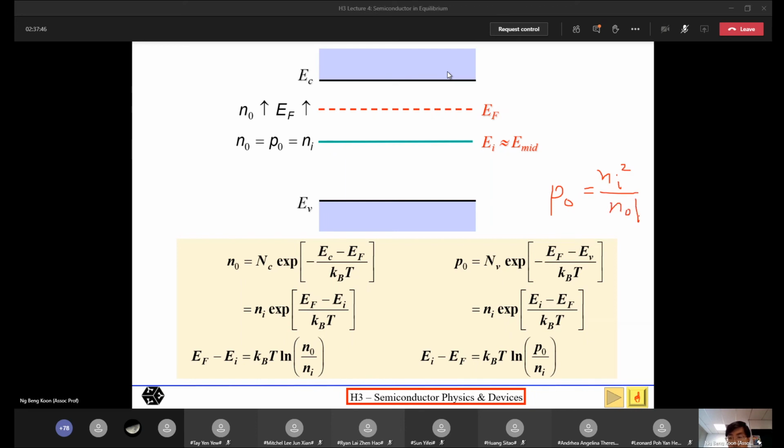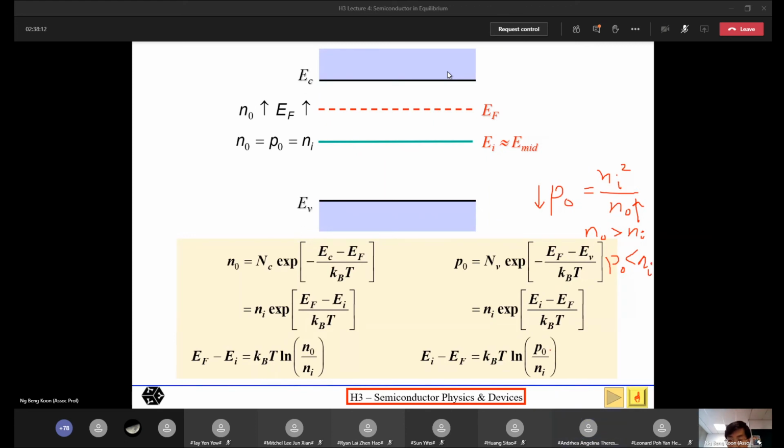If your N0 is large, then your P0 will become small because of the mass action law. And in fact, if your N0 is greater than Ni for a doped semiconductor, greater than the intrinsic concentration, then P0 will become less than Ni.